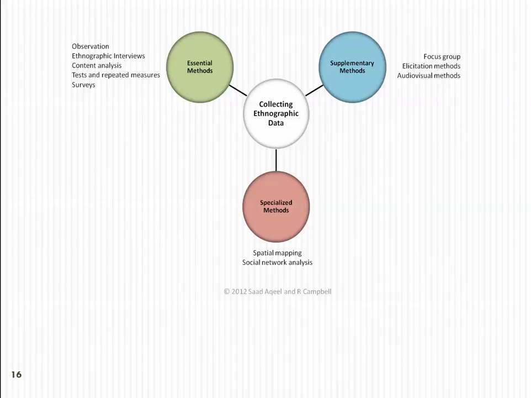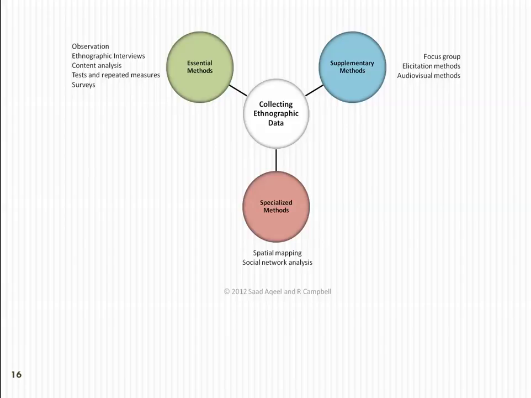Now, the aspects of collecting ethnographic data: if you look at the little white circle in the middle, the essential methods up on the upper left are observation. This is what you are asked to do, for example, in the coffee house ethnography. Ethnographic interviews, doing content analysis of what people say and what you see.